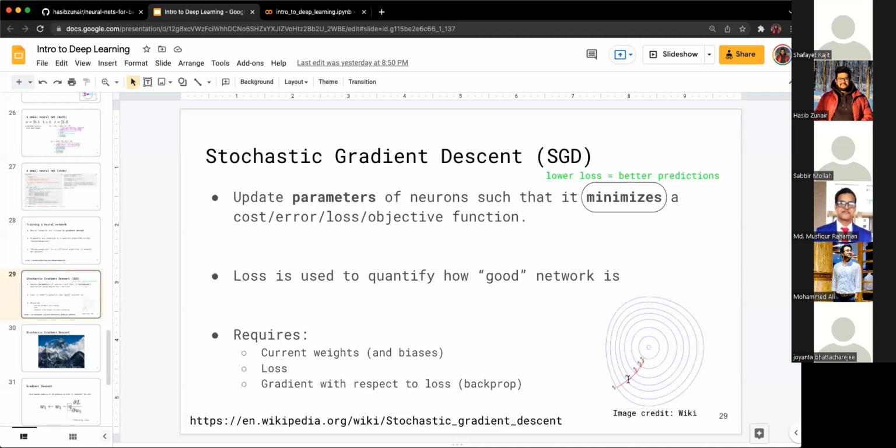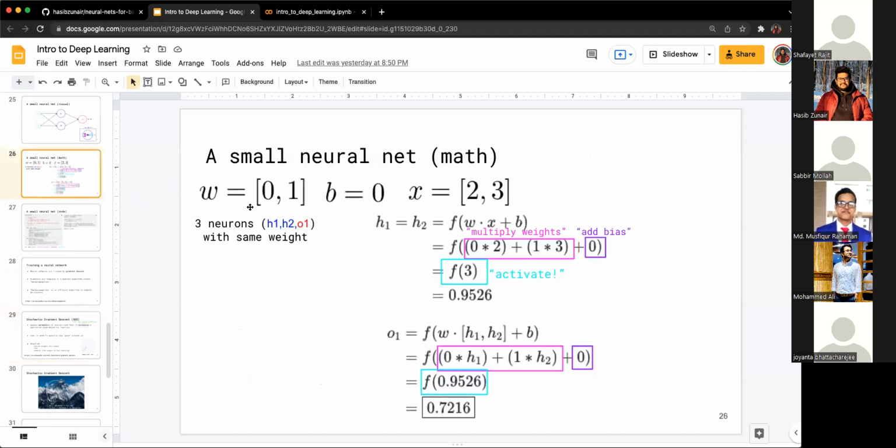You do it that many times, you're going to end up at a good point or a sweet spot, right? Which is what you want. That would mean that you are minimizing your loss, and at the same time, your neural net is making better predictions. That's simply what gradient descent does. It's an algorithm to update the weights and biases of your network, which so far in these examples, we have seen that they are static, right?